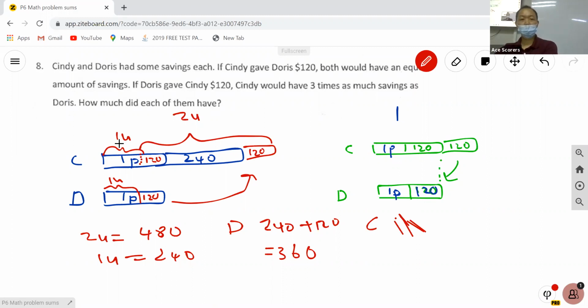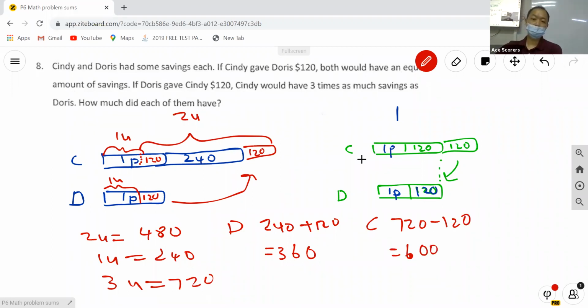Because 3 units, okay, 1 unit is 240. So 3 units is 720. So we need to take 720 minus 120, 600. Wait, why do you minus 120? Because I was minus with this red color part. Why minus that? Cindy doesn't have this. This was given by Doris.